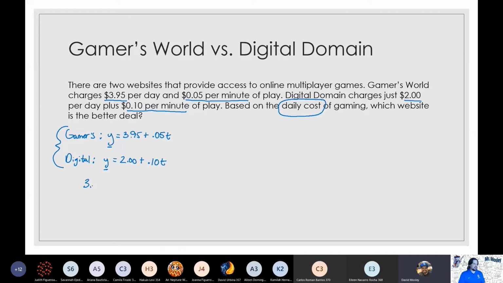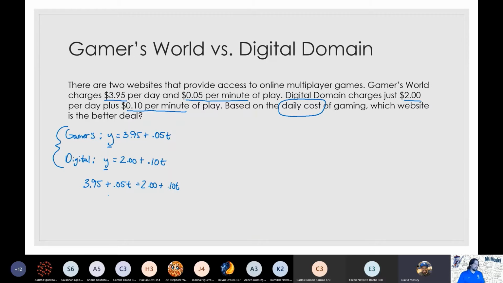So let's say, $3.95 plus 0.05t equals $2 plus 0.10t. Solving this will tell me at how many minutes of play these two services are the same cost.